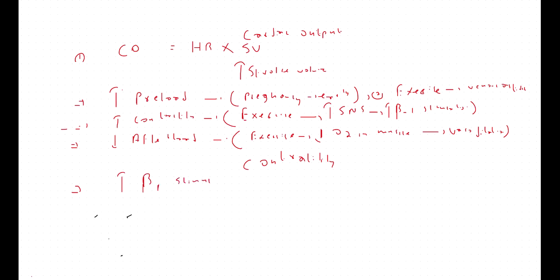Now, the question is how it goes. What's the mechanism? When you have increased beta 1 stimulation, it will increase cyclic AMP inside the heart. Increased cyclic AMP will activate a protein called protein kinase A. And this protein kinase A will lead to phosphorylation of phospholamban, which regulates the calcium level within the cytoplasm.